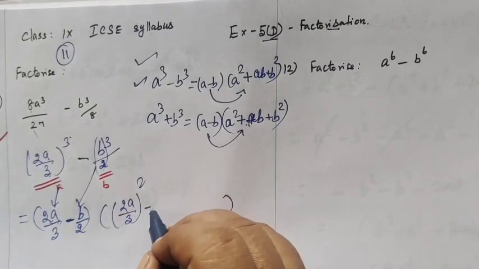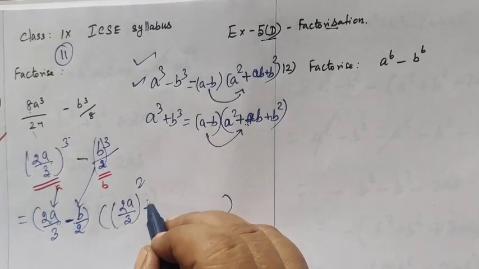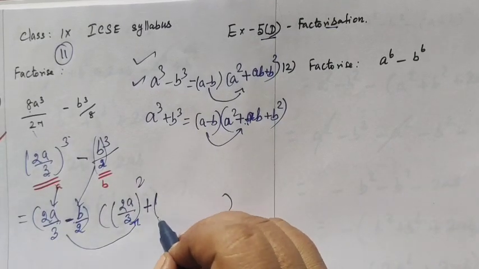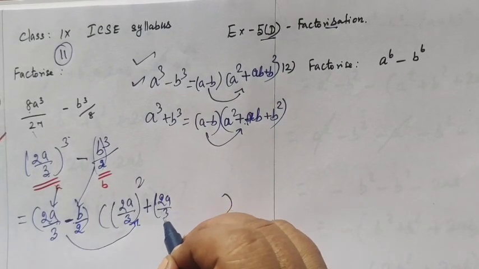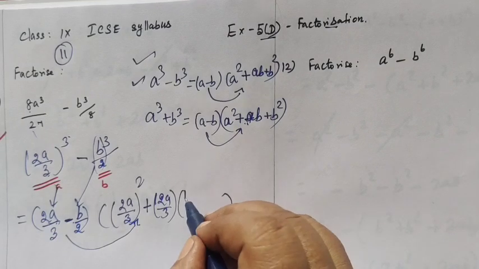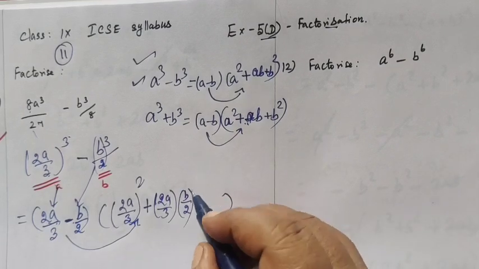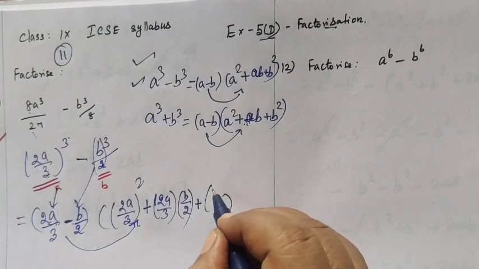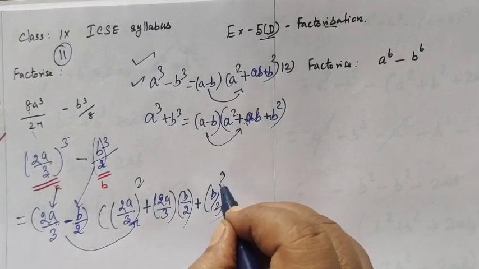Here minus means inside plus: plus ab, where b is b by 2, then plus b squared, b by 2 the whole squared.